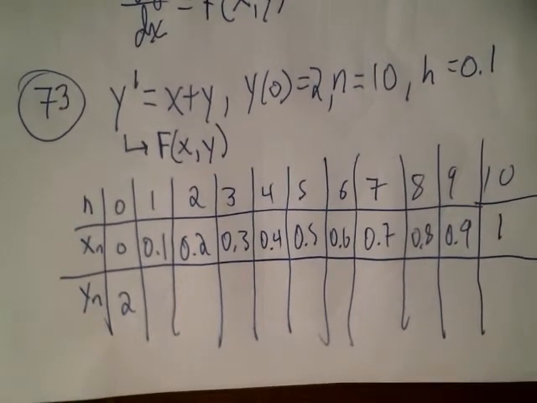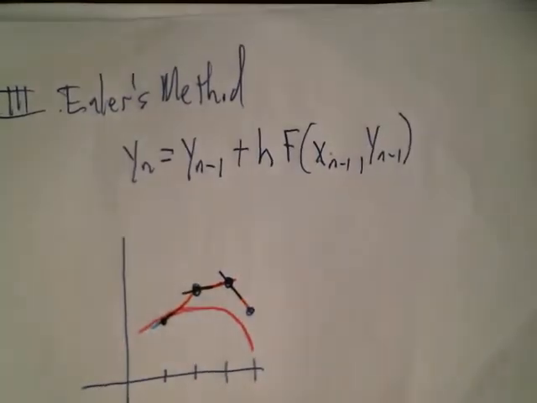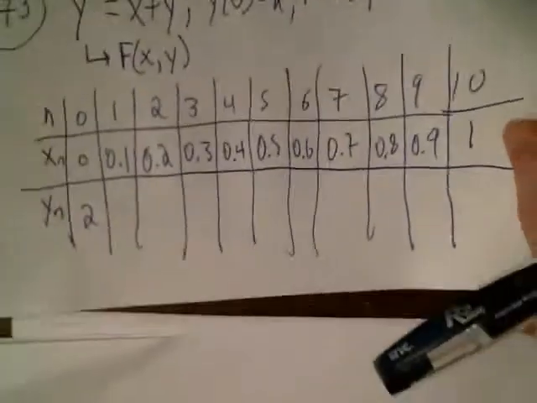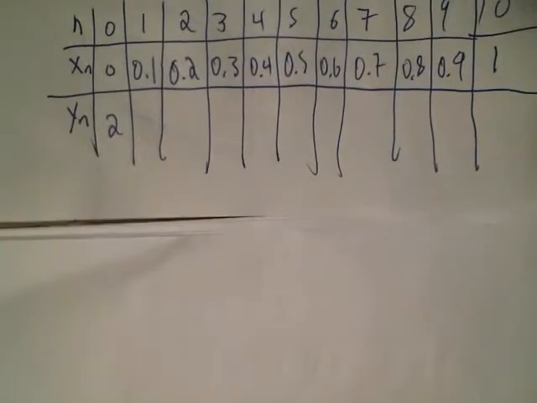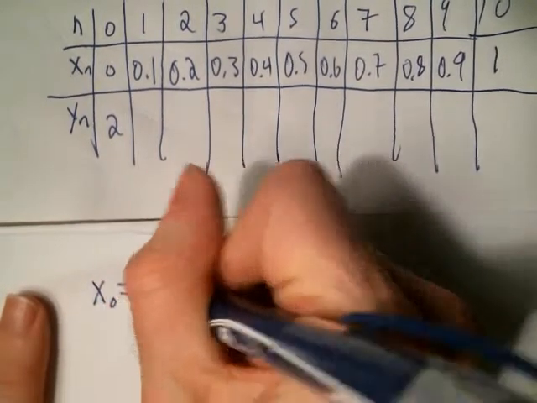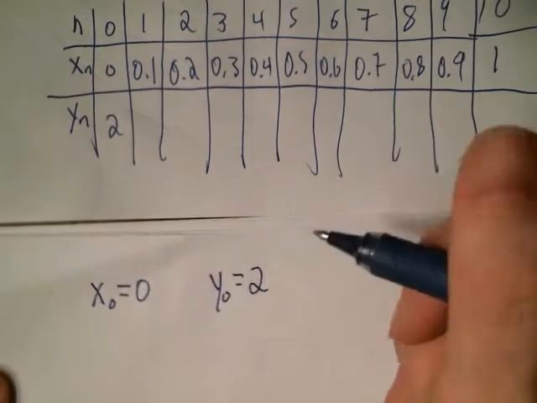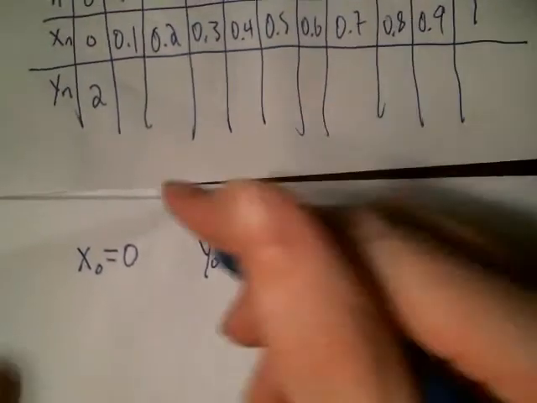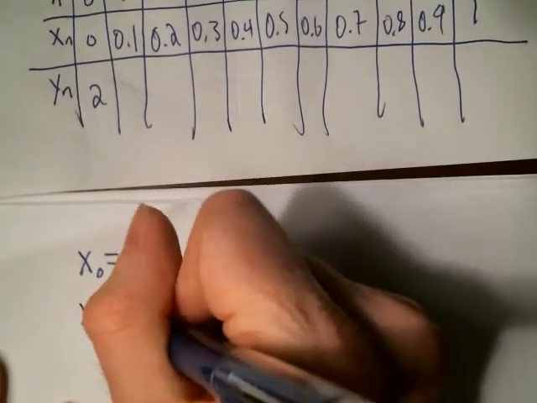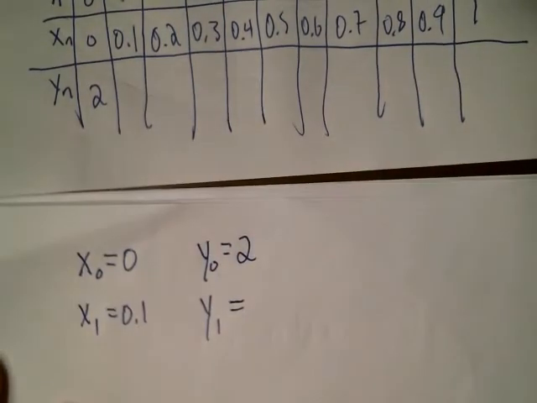Okay, I'm going to have to do a little work to find these y values, and you use this formula to do it, the Euler formula. So again, x sub 0 was 0. y sub 0 starts at 2. And then x sub 1 is 0.1. And then y sub 1, I have to use the Euler method formula.